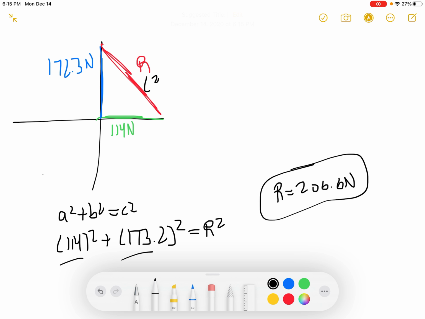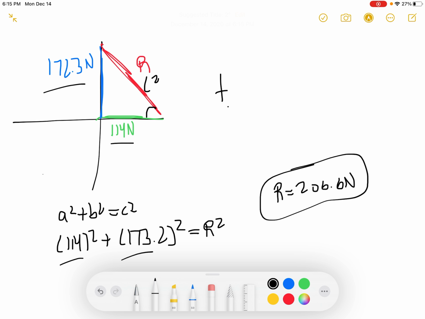But also, it wanted us to calculate the magnitude and the angle of the vector. That's this angle. What can we do? Oh, we have to use tangent because we're going to do opposite over adjacent, because those are two values we originally knew.